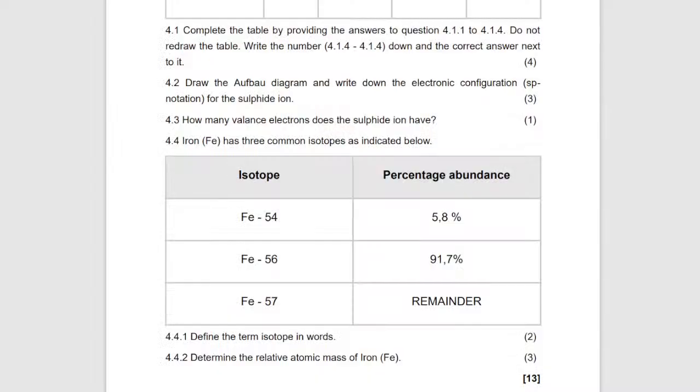Now, the isotope question says, iron has 3 common isotopes as indicated. They are giving you the following isotopes. Let me write it here.